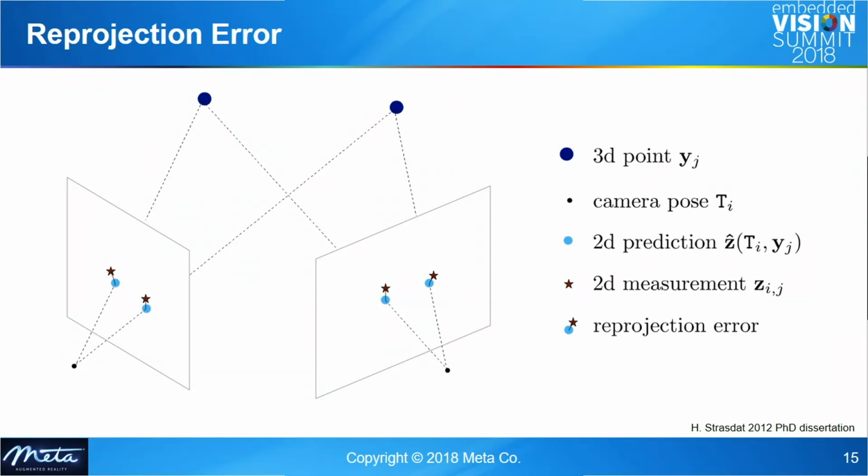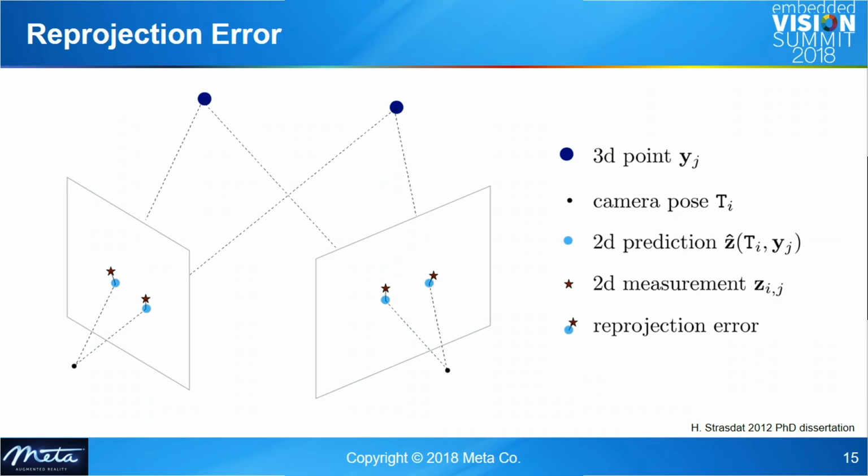We know the camera projection model, and if we assume we know where in the real world the point is, and we make a guess of where the camera might be, we can project that point in the real world onto the image plane. Then we can detect the corresponding point in the image that we actually captured, and we just measure the Euclidean distance between where we expected to see the point and where the point was actually seen.